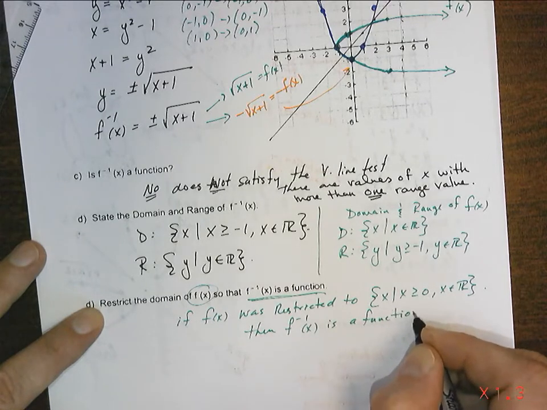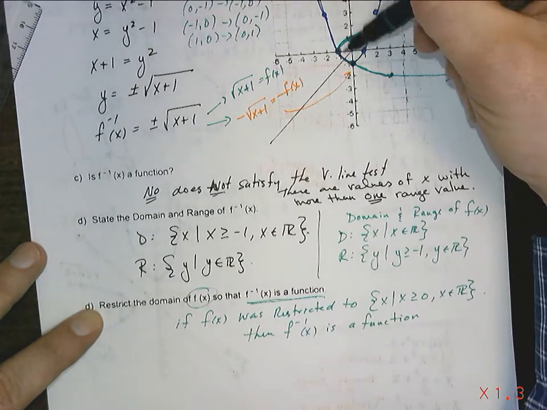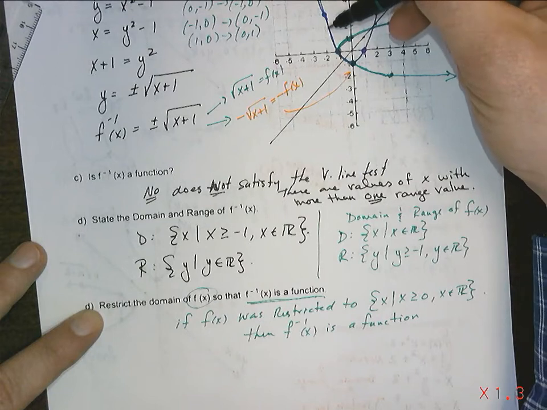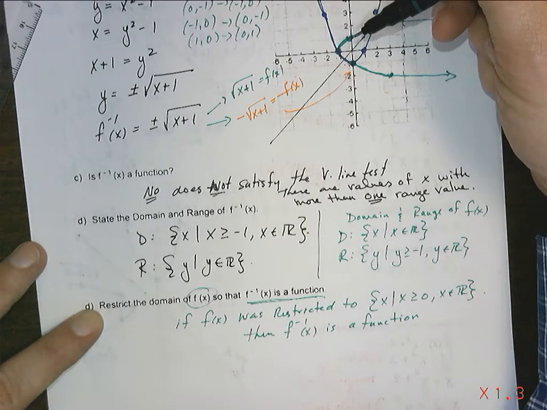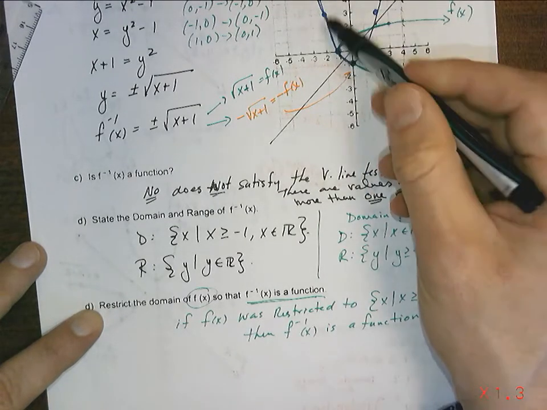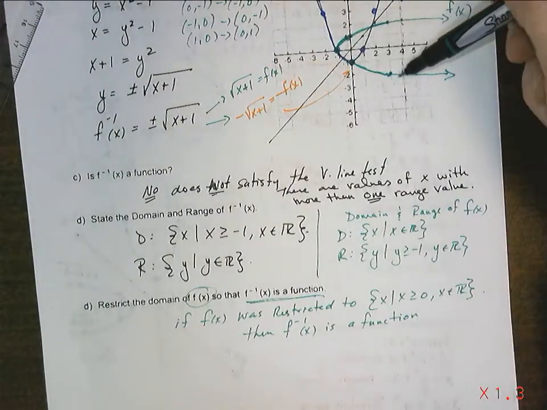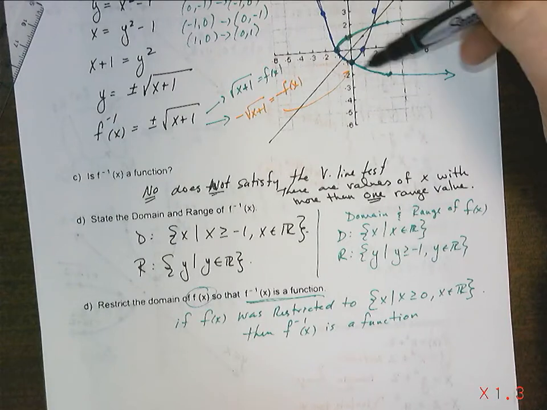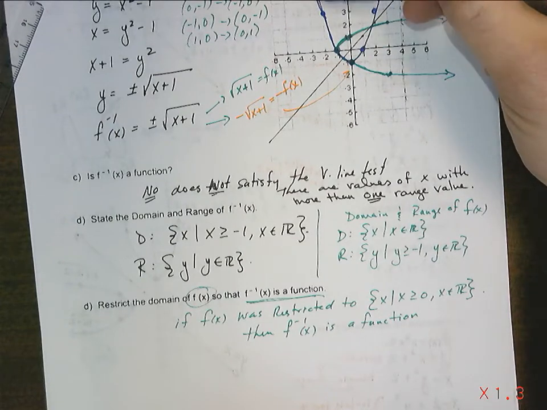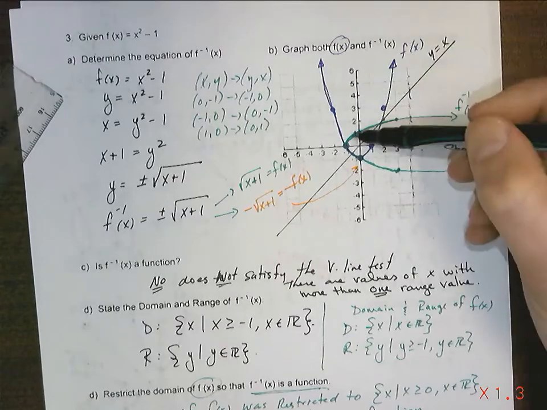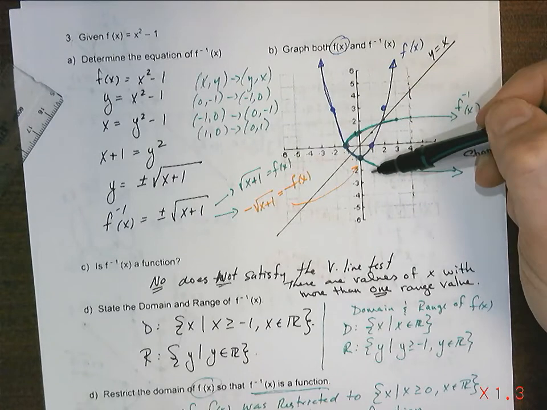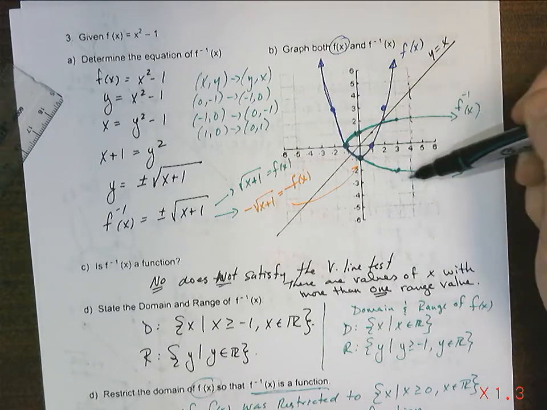Now, it's also true, what if I only use this arm? Then we would only get, flip it over. If I only use this arm, we flip that over, I'm only going to get that portion. Okay, so this arm, oh, you can't see, I'm sorry. This arm reflected over will give me that arm.